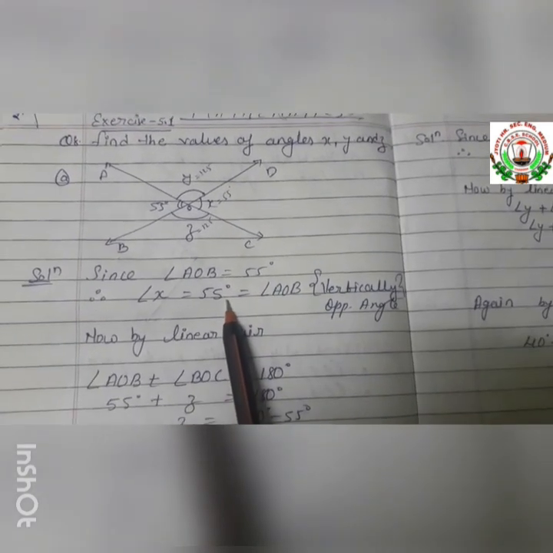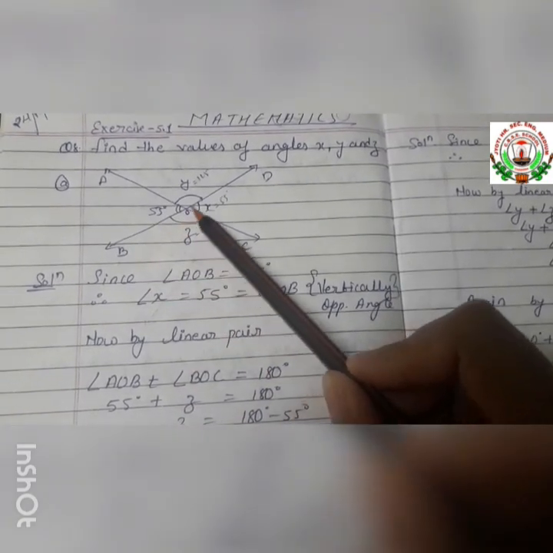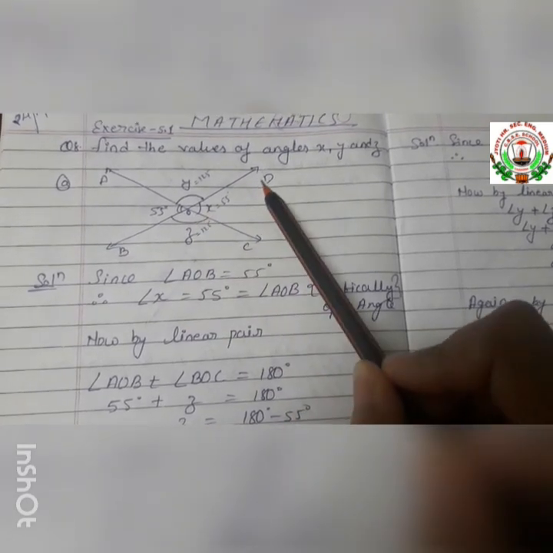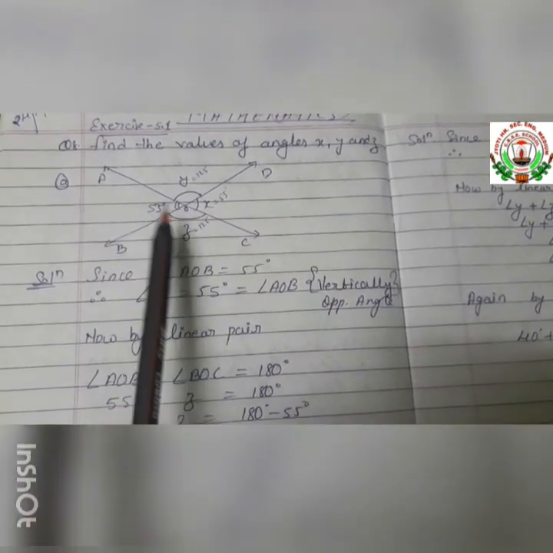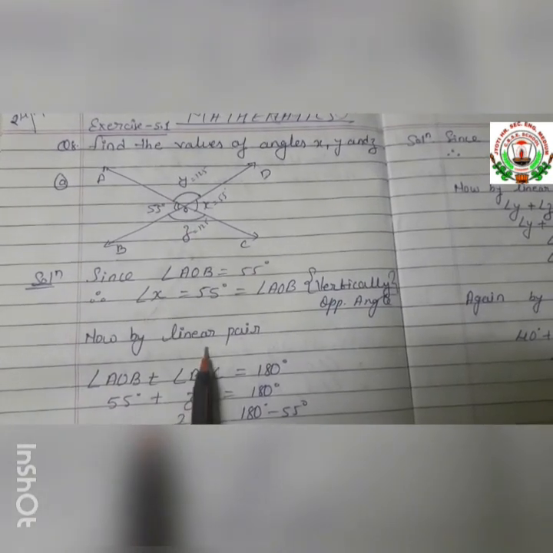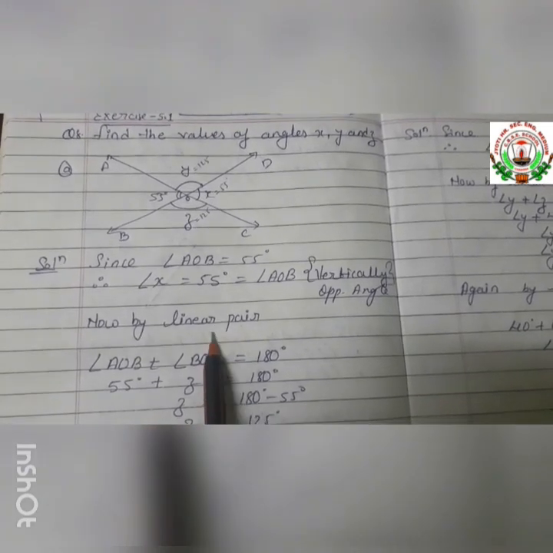Now the second part of the question, what we have to do, can we apply the linear pair definition in this straight line BOD or in the straight line AOC? Now look, what is the linear pair definition?